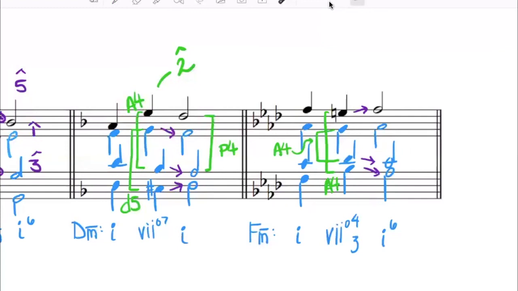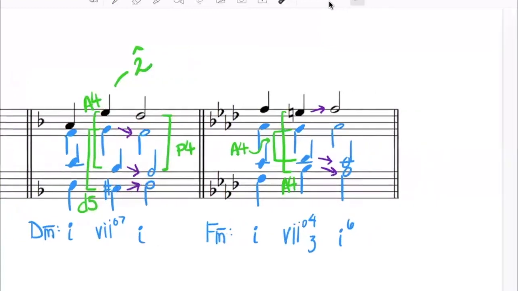It just might land you on better doubling, which some people might find preferable to that tritone resolution. As long as all 3 of your tendency tones are resolving properly and the tritone against the bass is resolving properly, you are good to go. So with that in mind, let's now look at the F minor example.